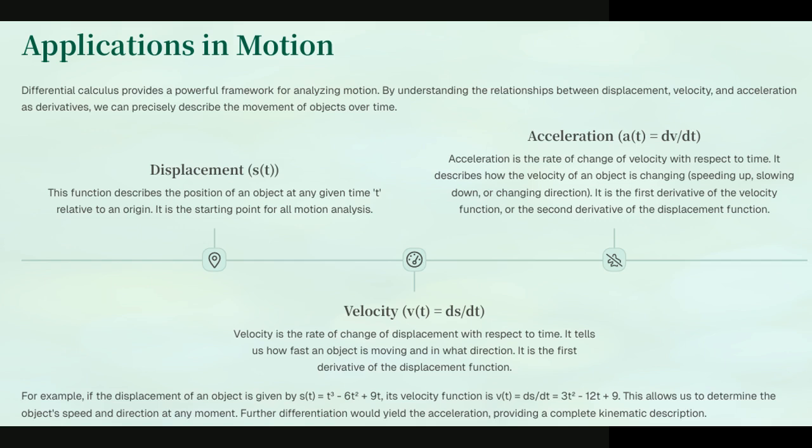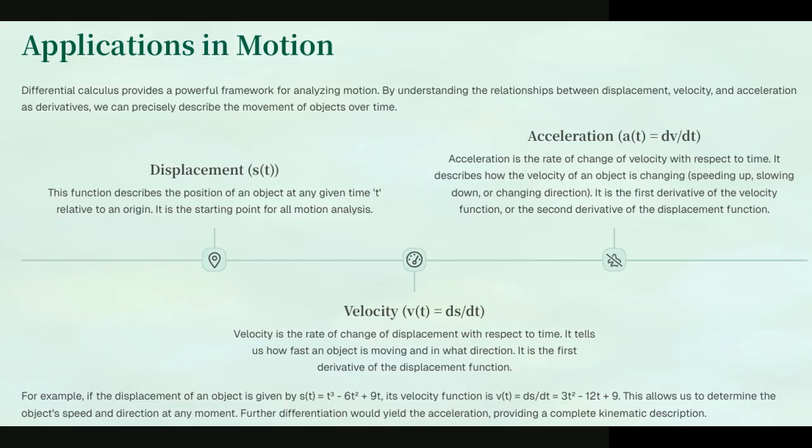The first derivative of displacement is velocity. The second derivative of displacement is acceleration, because if you differentiate displacement, you get the velocity. If you differentiate the velocity, you get the acceleration. So of course, all these relationships are established between our various terms in motion.